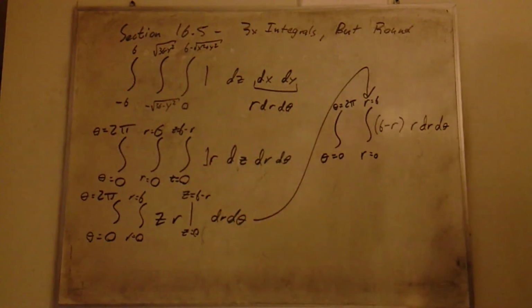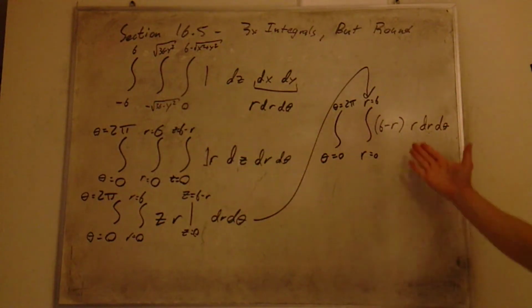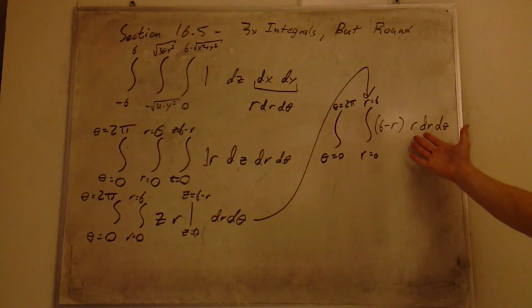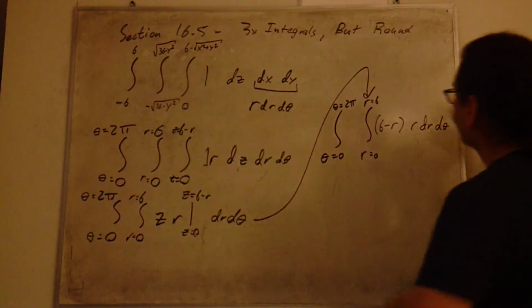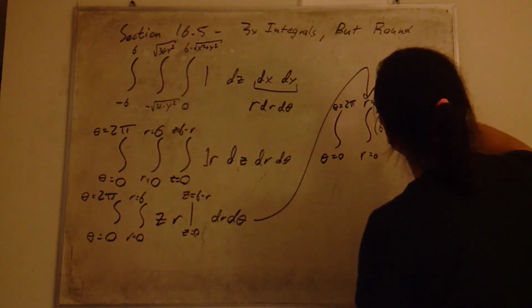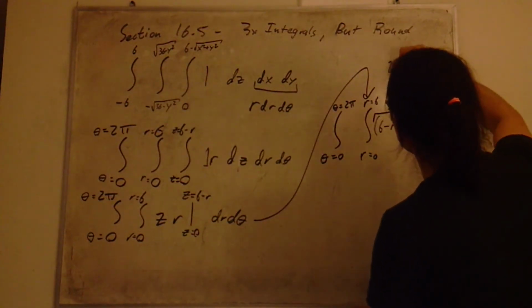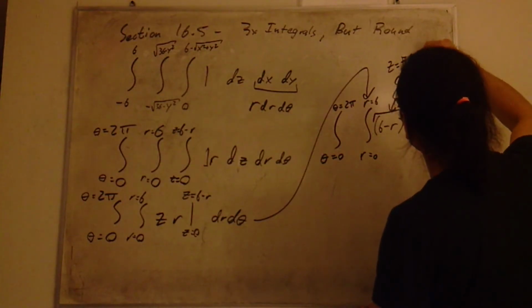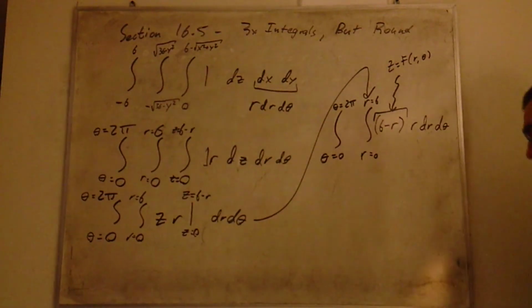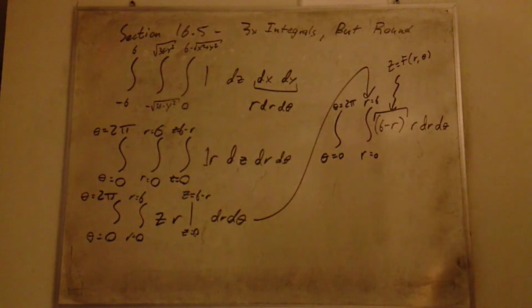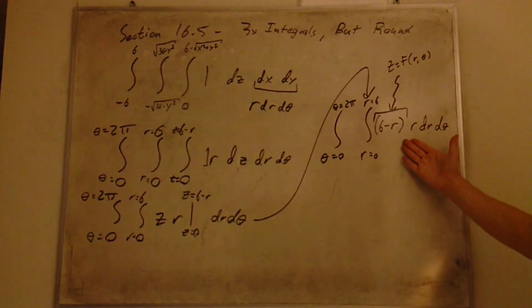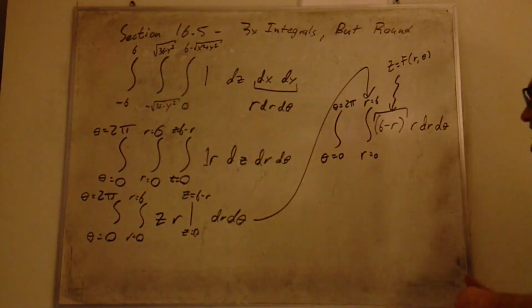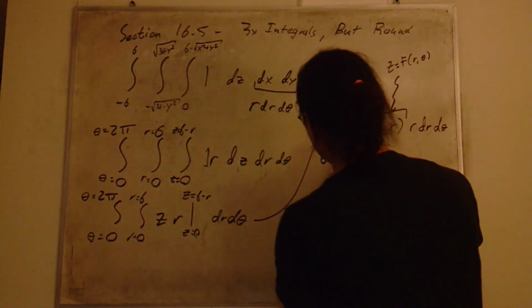And I want to pause here so I can talk about what this is. This is our z equals a function of r and theta. This thing we have right here is exactly what we were doing in section 16.3.